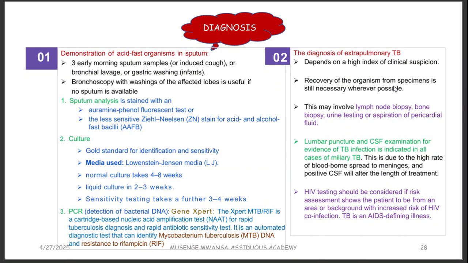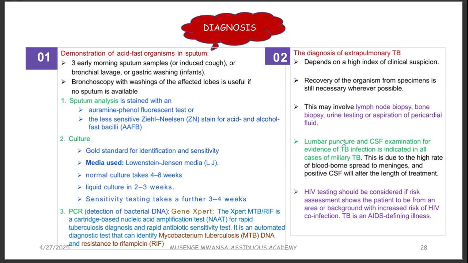So recovery of the organism from specimen is still necessary when possible. You get a specimen from the organ that you are thinking is involved. For example, a lymph node biopsy, like in TB lymphadenitis, bone marrow biopsy, also urinary testing or aspiration of pericardial fluid. You can also do lumbar puncture and cerebrospinal fluid examination for evidence of TB infection.